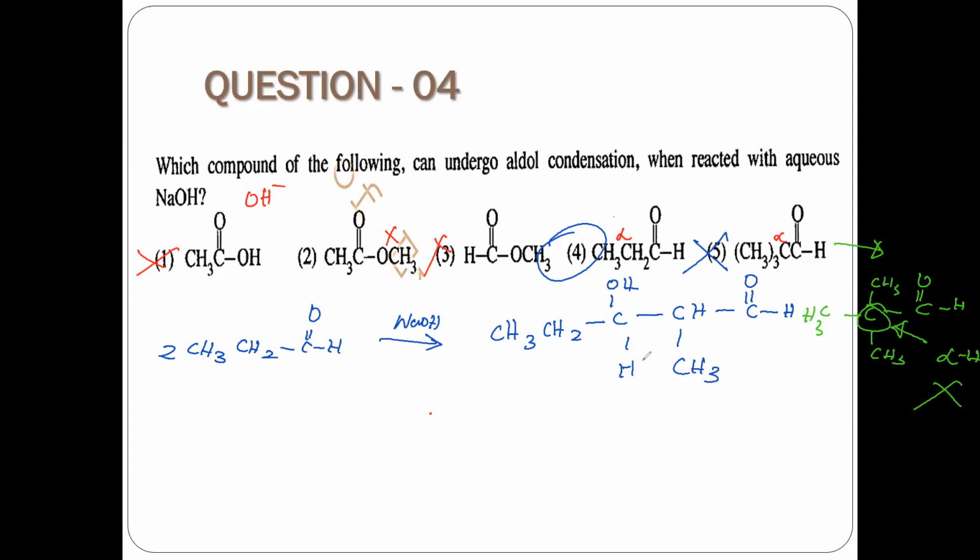Did you understand? In the first step, this becomes OH, and in the next step, this becomes a minus. That minus, with one hydrogen removed, will combine with this, and you will get the rest of the structure. So this is what will undergo the aldol reaction.